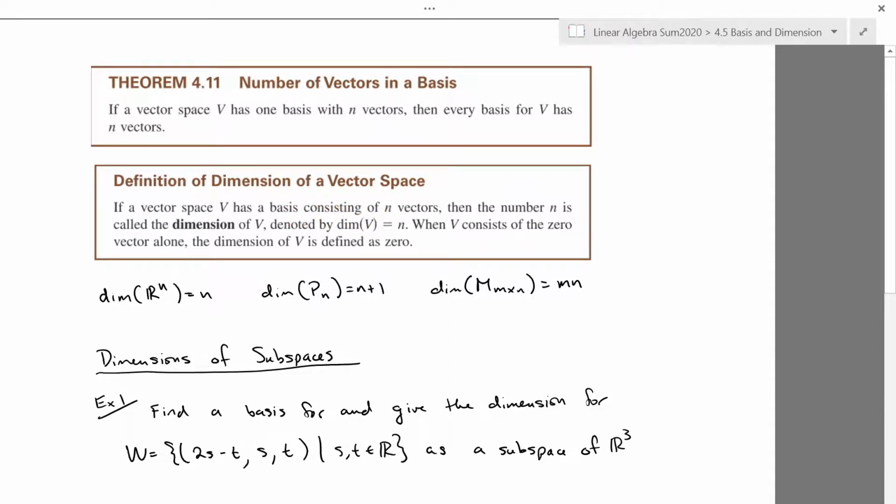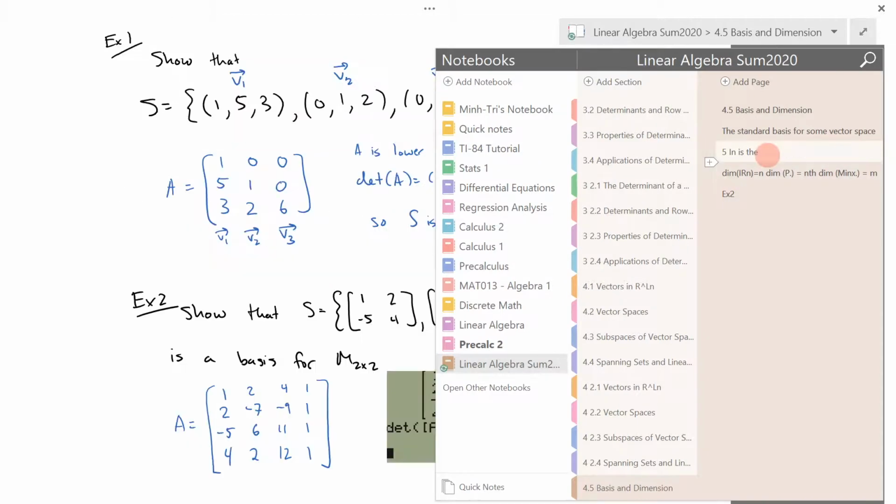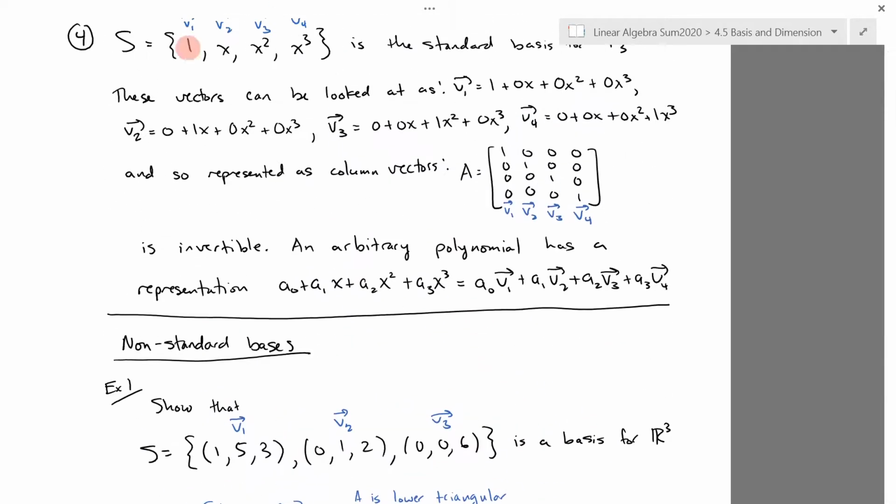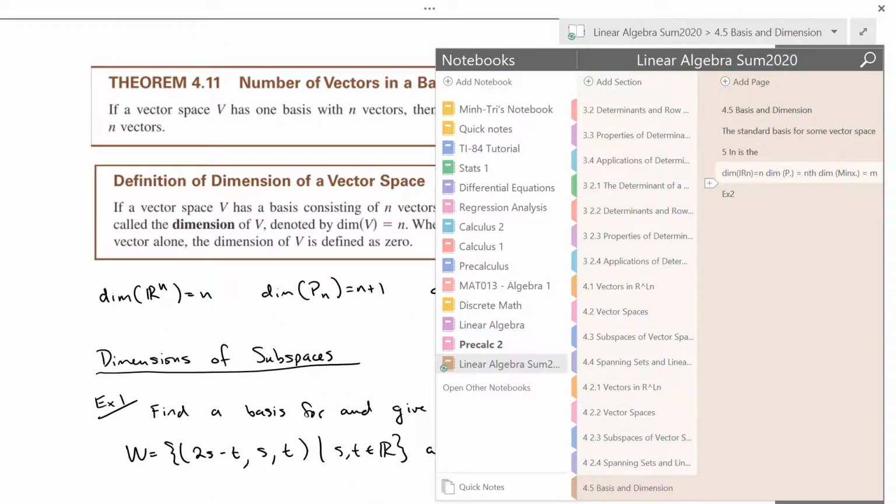Right, so for our standard spaces, Rn has the basis vectors e1 through en, so that means that the dimension of Rn is just n. And the dimension of the space of polynomials up to degree n has a basis with n plus 1 vectors, because you have all the powers of x up to n, and also the constant polynomial 1, which is just x to the 0 power.